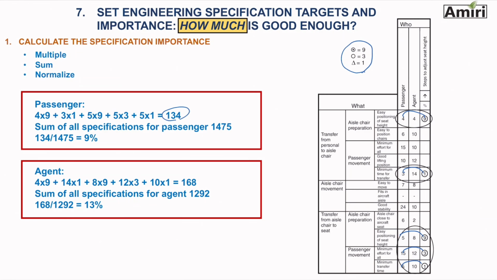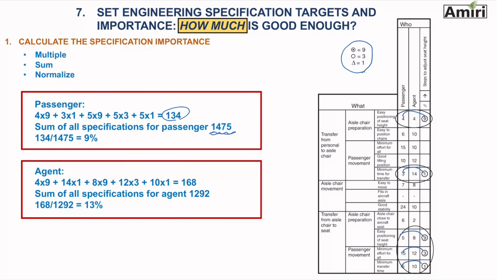Hold on to this and we'll see it in the example when I show the enlarged version, or if you are following along with the example, you will see for that specification a score of 9 at the basement of the house of quality. Same with the agent. Again, same kind of multiplication, sum, and normalized value.